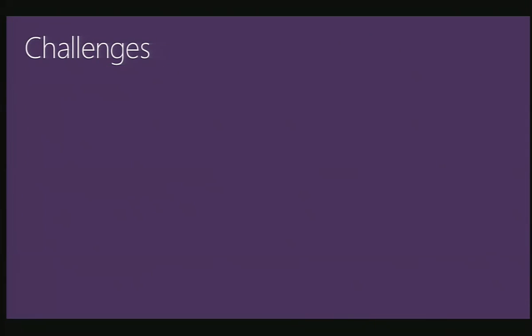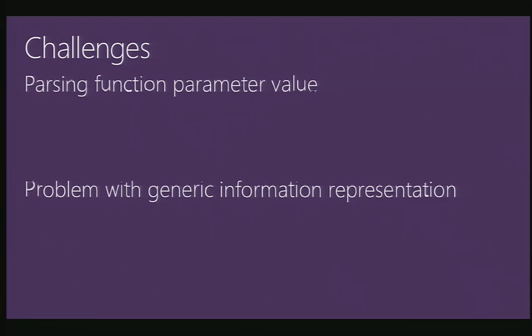However, even with these implementations, it comes with a lot of challenges. I group them into 2 categories. The first is parsing the argument parameter value, and the second is the problem with generic information representation.